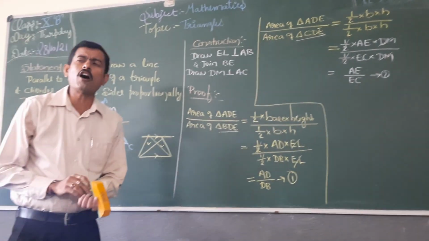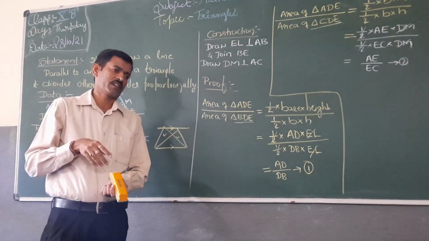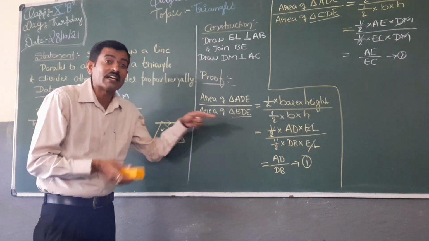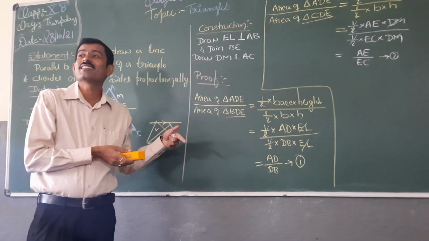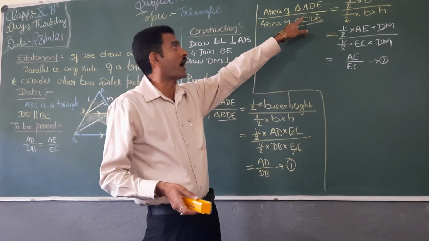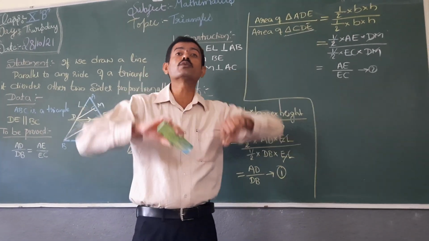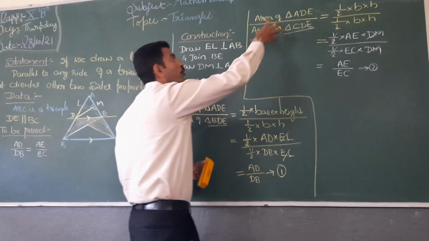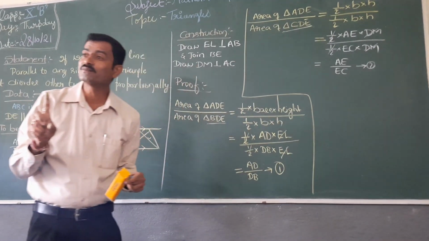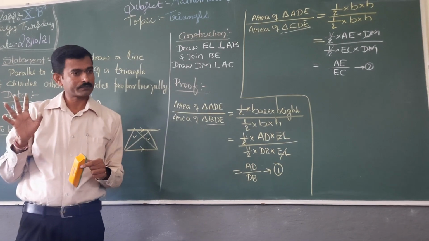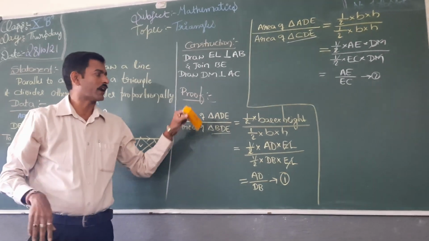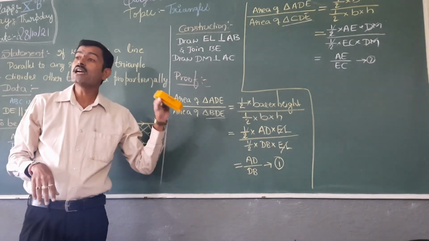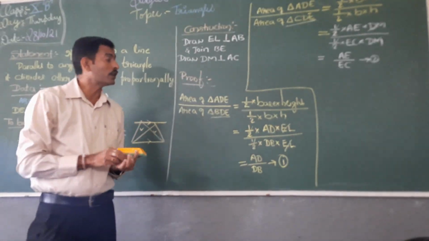Then one of the axioms we know: if equals are divided by equals, the remainders will be equal. Therefore I can say the left hand sides of both equation 1 and 2 are the same.